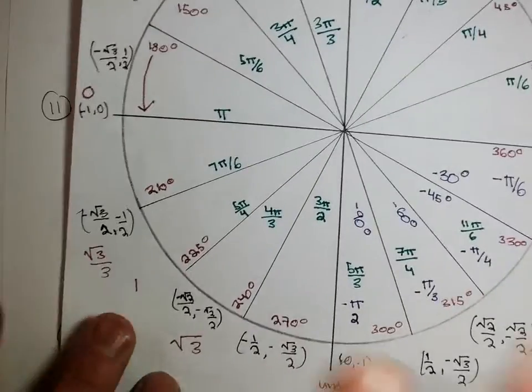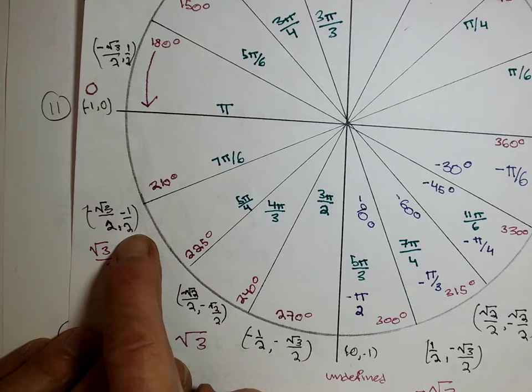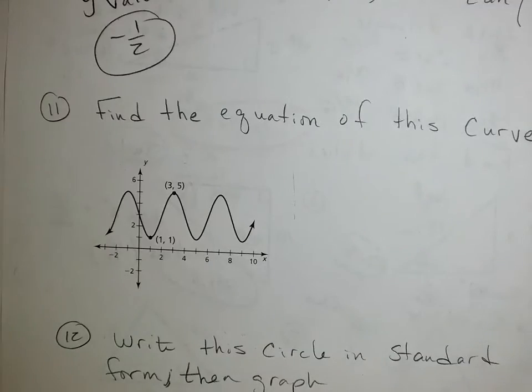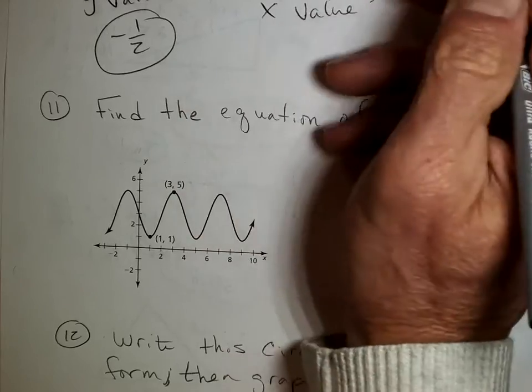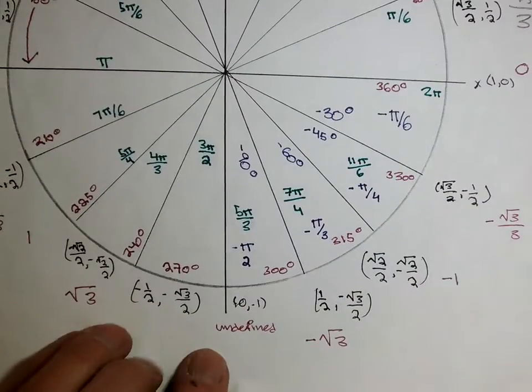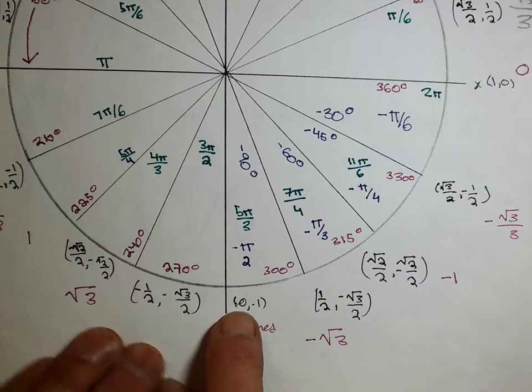Okay, cosine. Cosine is the x value. 3 pi halves is here. The x value is 0.